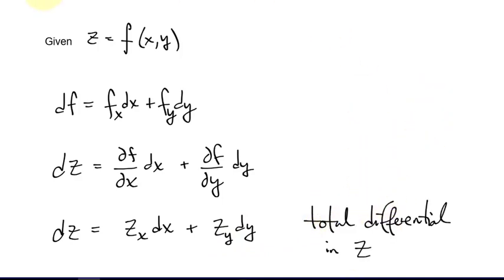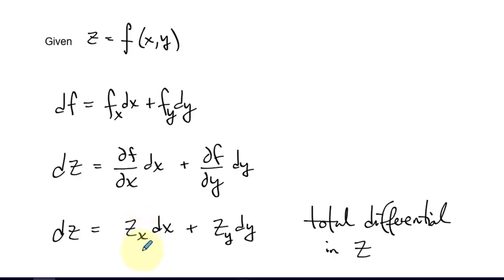I think maybe I could say one other helpful thing about what you're looking at here. The partial of z with respect to x is a slope of a tangent. It is a rise over run. It's the rise in the z dimension with respect to changes in x.